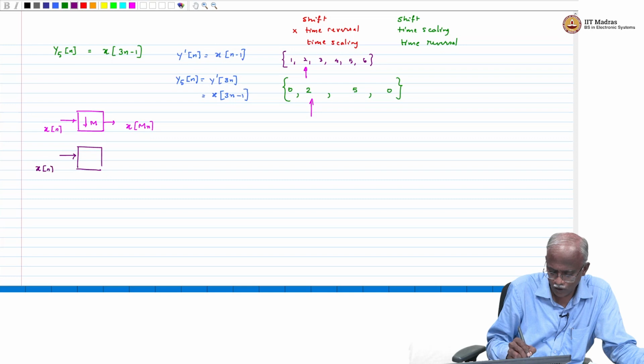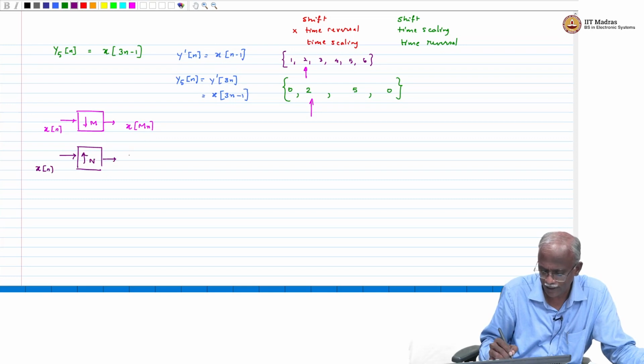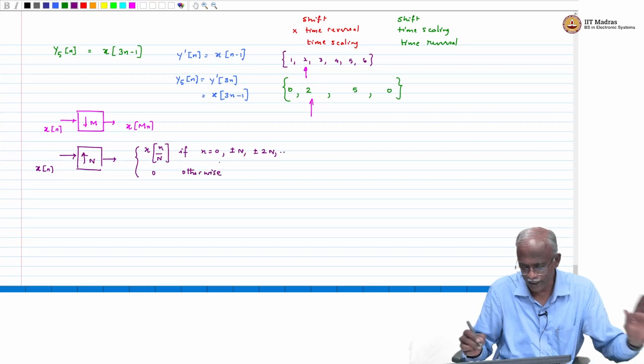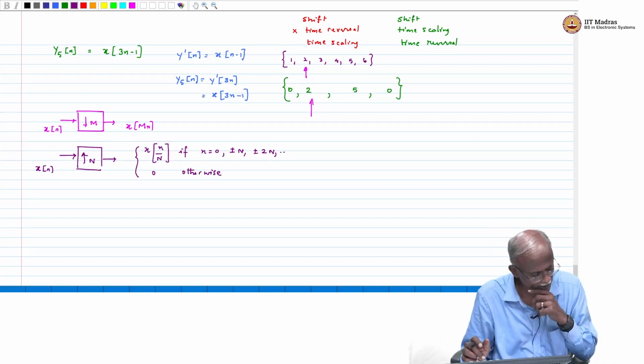If this is x of n, the upsampling operation by a factor of N is equal to x of n by N if n is equal to 0, plus or minus N, plus or minus 2N and so on, 0 otherwise. So basically this will insert N minus 1 zeros between two existing samples.